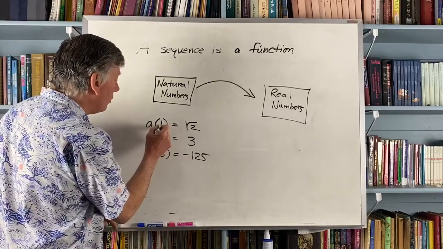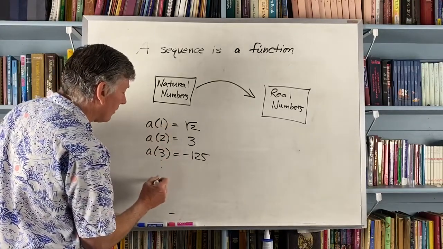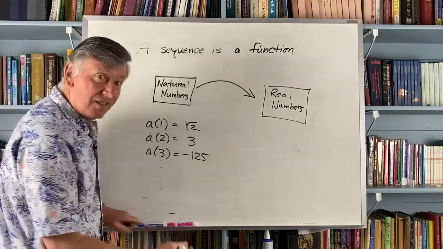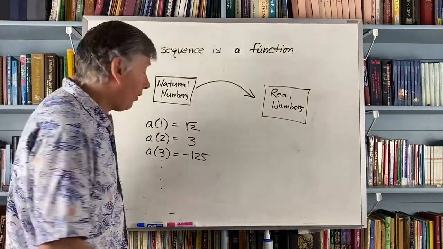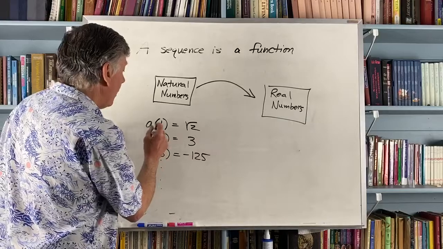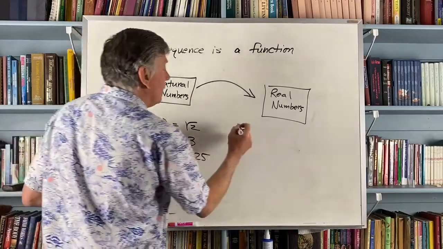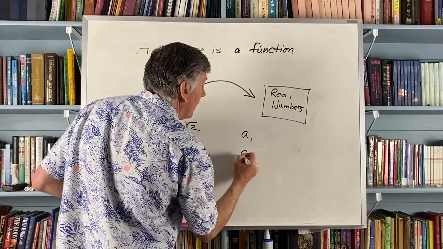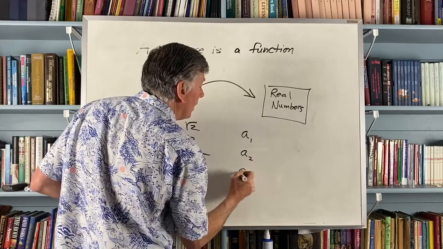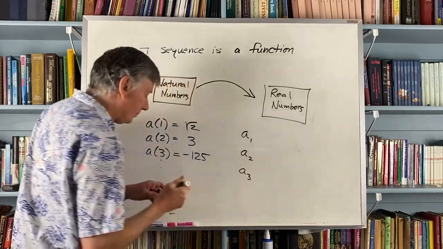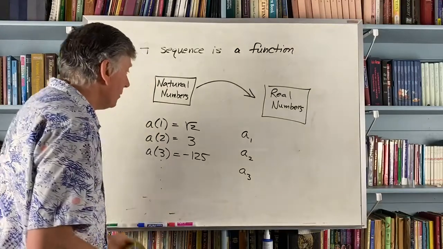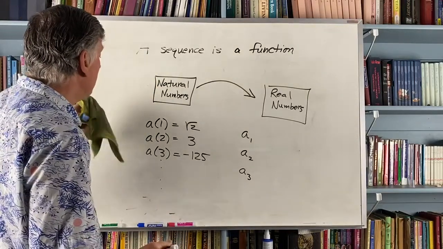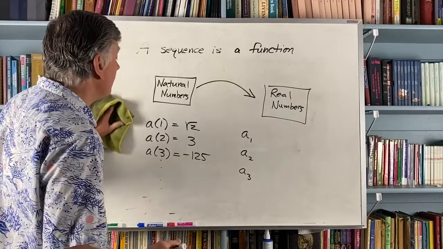Obviously, we then just keep going 3, 4, 5, 6, 7, all the way to wherever we want to go. But instead of a of 1, we write a sub 1, and a sub 2, and a sub 3, so that we get a listing of numbers.